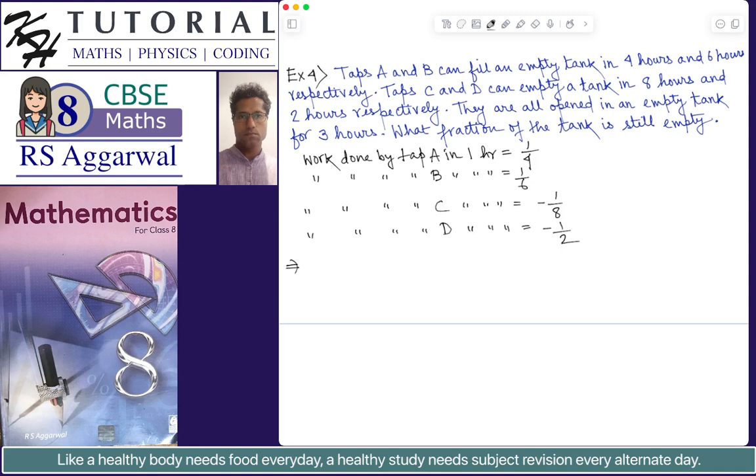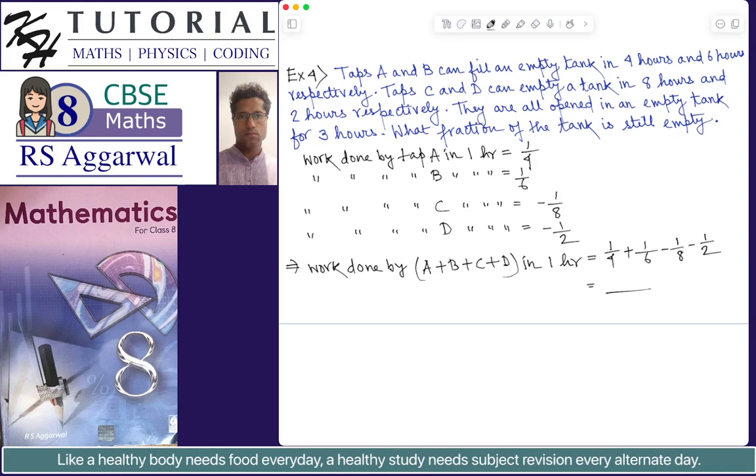Now we need to find what is the work done by all these 4 taps in 1 hour. So work done by A plus B plus C plus D in 1 hour is equal to 1 by 4 plus 1 by 6 minus 1 by 8 minus 1 by 12.